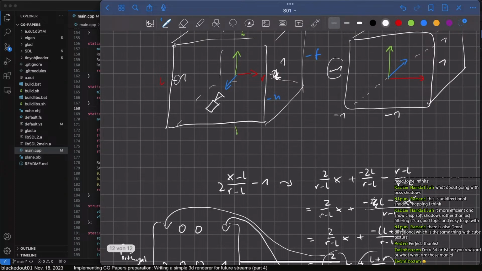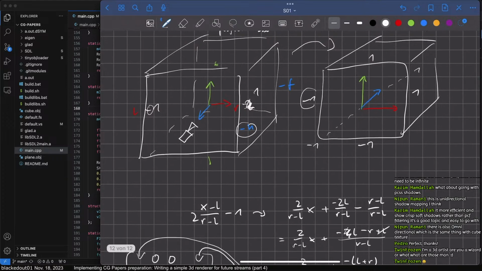Because we still subtract the lower part, but now the lower part is minus n.